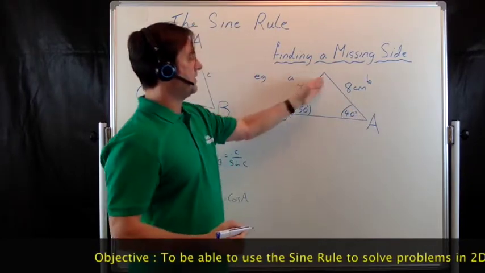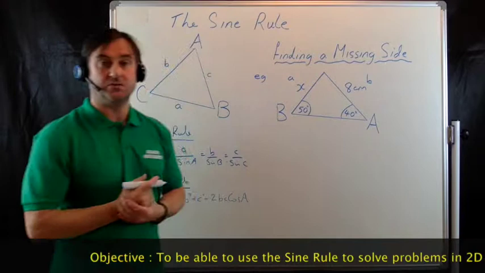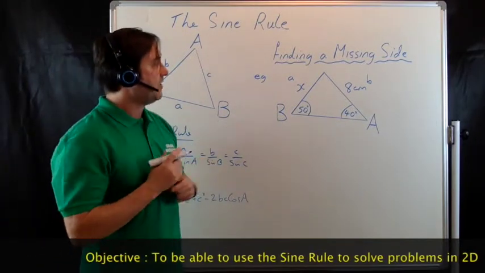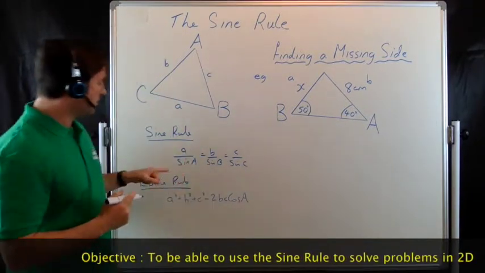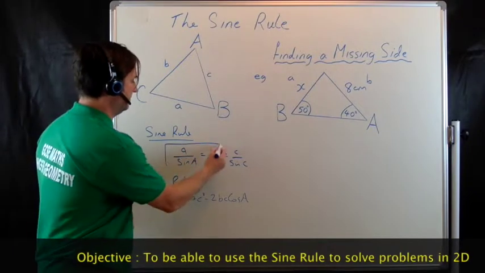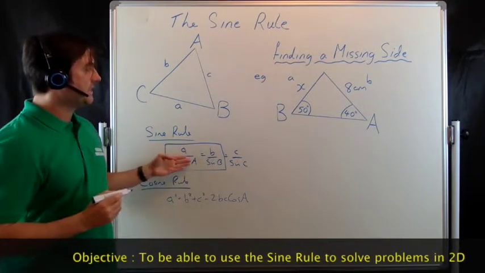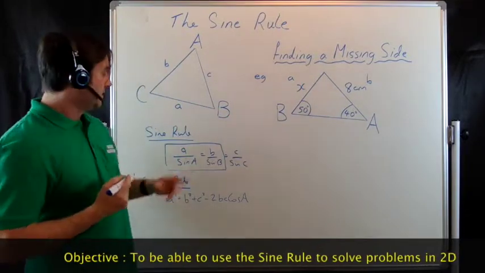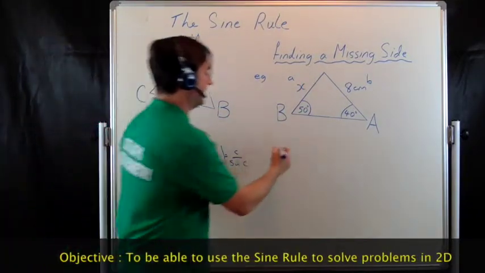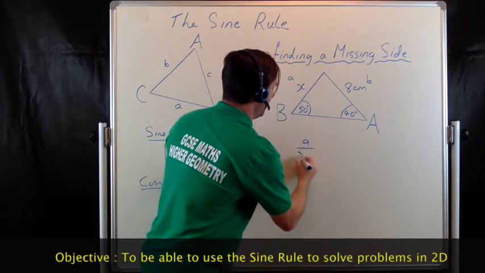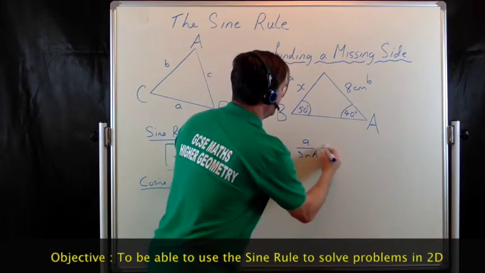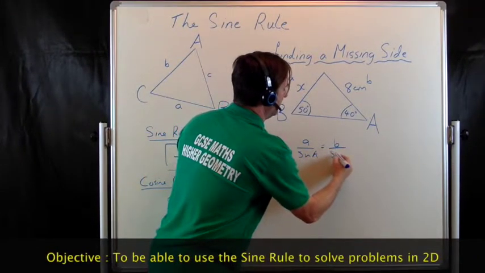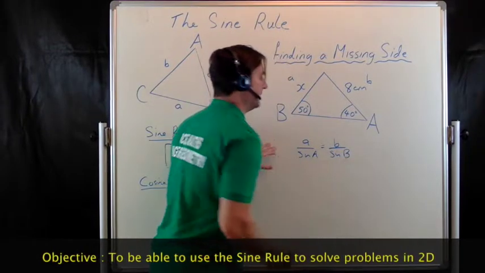Because we don't know the angle and the other side, we don't need to use C. Now all I need to do is use this part of my formula and replace the letters with the numbers or angles that we know. So my formula, let me write it down again, just part of it: a over sin A equals little b over sin big B.